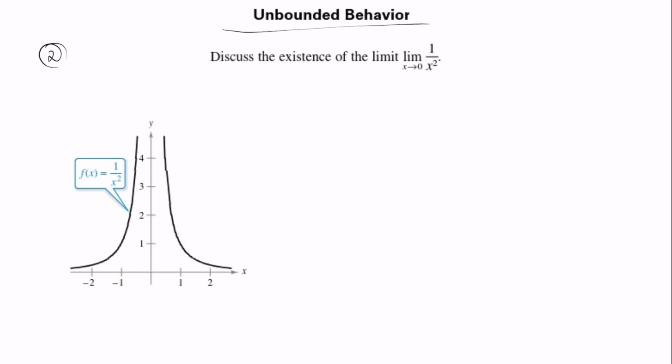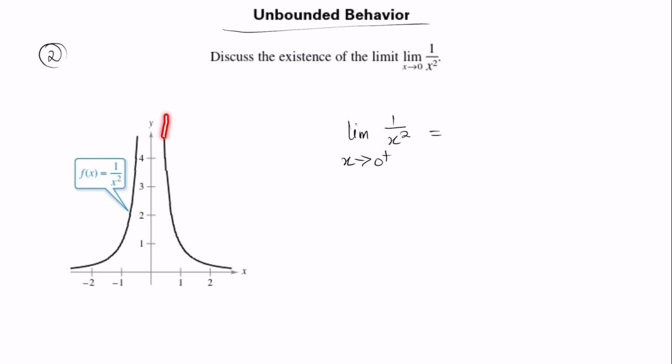If we consider the limit of 1 over x squared as x approaches 0 from the right, you can see that as we approach 0 from the right, we keep going, and the graph keeps going. It's asymptotic to the line x equals 0.